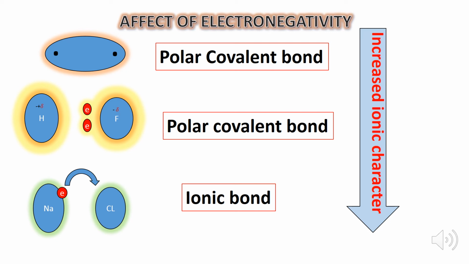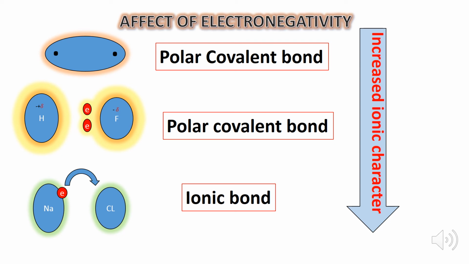These forces play a role for a very short period of time, and the poles are created for a second. Therefore, we ignore this electronegativity difference or these temporary poles. As a result, we can say that there is no electronegativity difference in the case of the non-polar covalent bond.